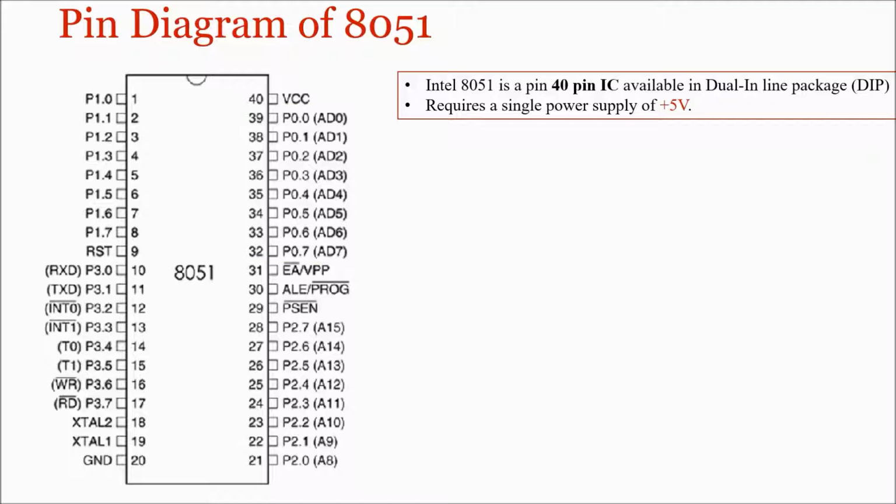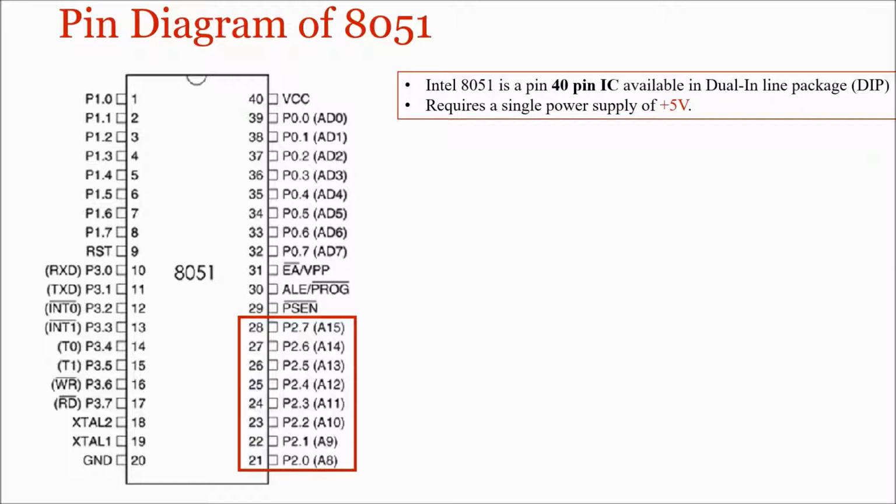The next port is port 1. So pin number 1 to pin number 8 are associated with port 1, P1.0 to P1.7 pins. The next port is port 2. So pin number 21 to pin number 28 are related to port 2.